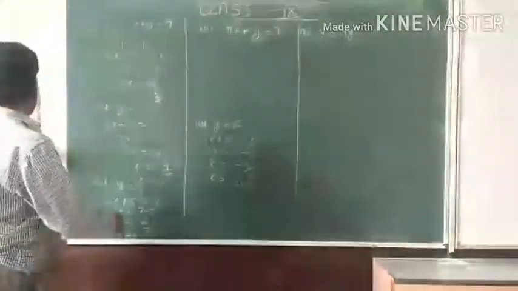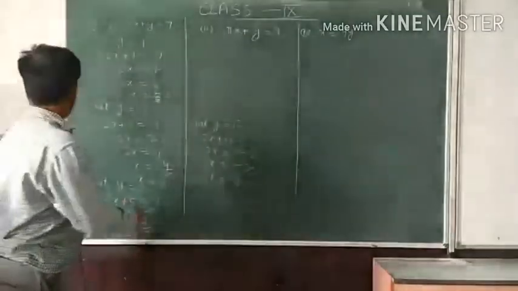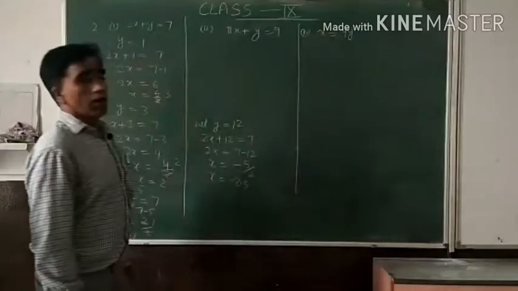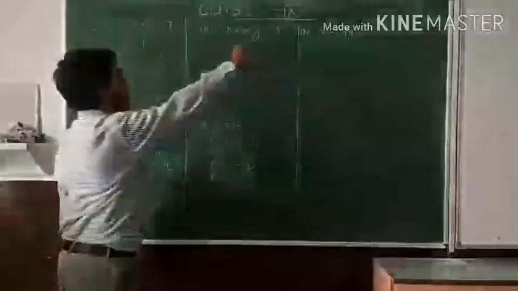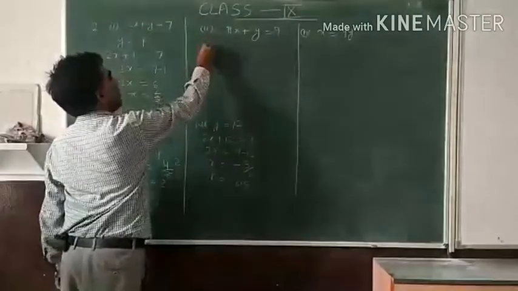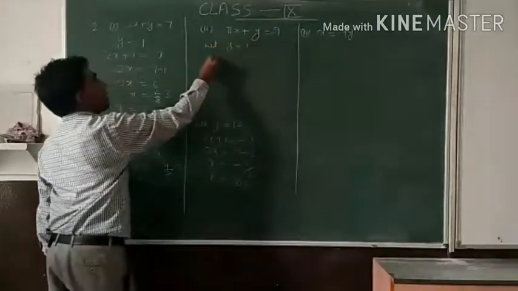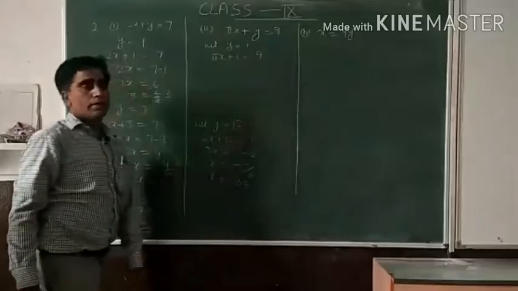Now students, in the second part, pi x plus y is equal to 9. Similarly, we have to find 4 solutions. Now let y is equal to 1. We get pi x plus 1 is equal to 9.